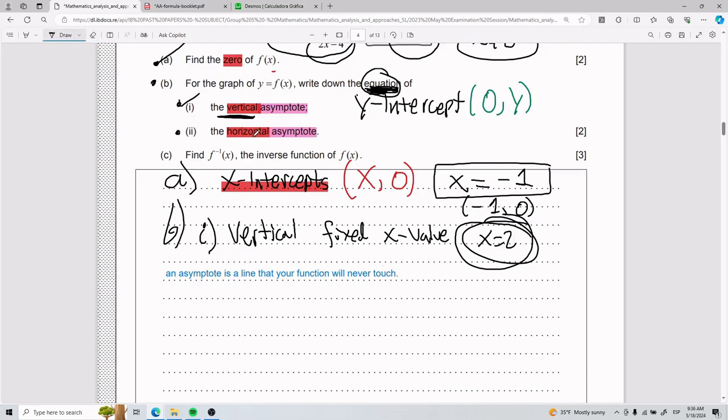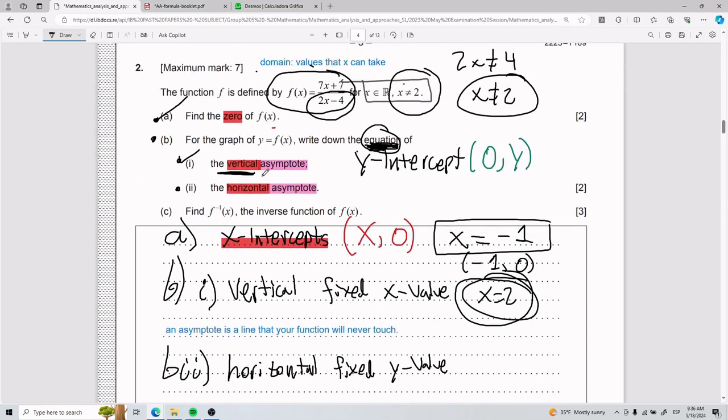For part B, part II, you need to find the horizontal asymptote. And so for the horizontal asymptote, you would be saying it's a horizontal fixed y value. Now, for this one, it's a little bit harder to figure out.